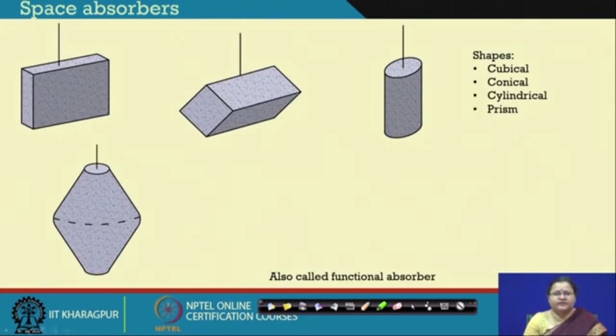Now, these could be of different forms, and what are they actually? They could be cylindrical, they could be conical, they could be double prism, they could be cubical in nature, and these are also called functional absorbers.